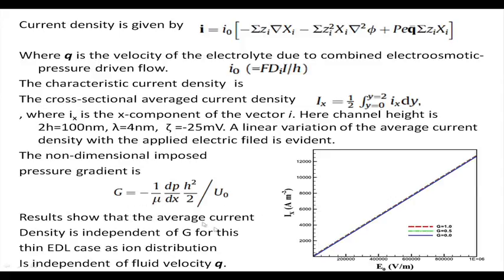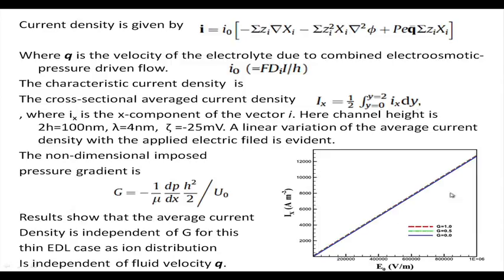Now, if we plot the cross-sectional average current density, here written in dimensional form, in ampere per meter square, against the voltage drop or electric field, let us first follow the case g equal to 0, that means pure electroosmotic flow.